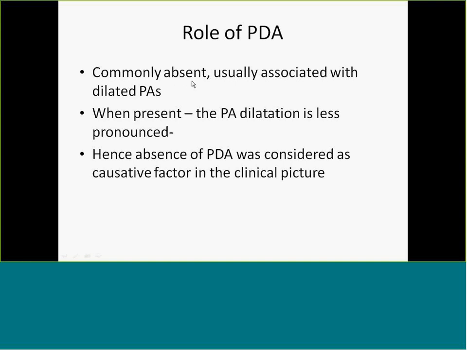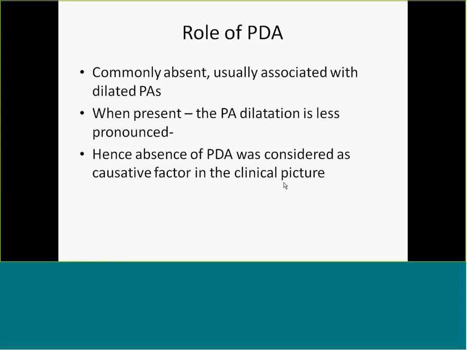However, when you do see the ductus in absent pulmonary valve syndrome, you find that the pulmonary dilatation is much less pronounced. So many people think that an absent ductus is really a causative factor in this case.